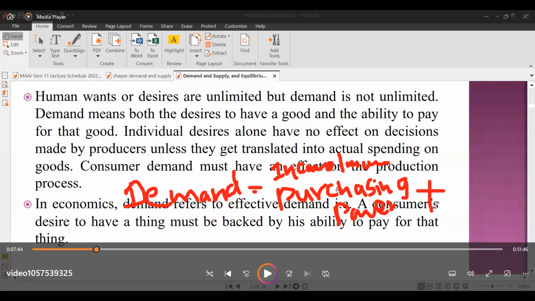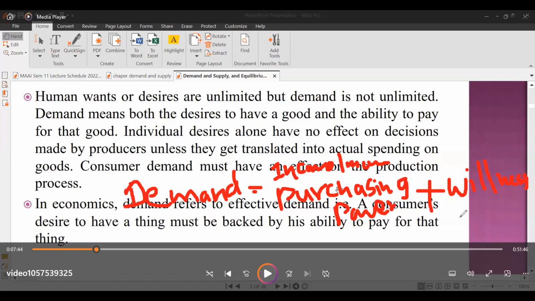Combining with this ability to purchase, actually there should be the desire. Desire or the willingness. Otherwise we will not purchase. For example, if you won a lottery, even though you already have millions of money, sometimes we will not purchase whatever is hanging around us.